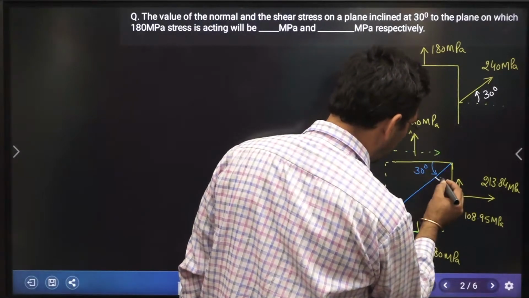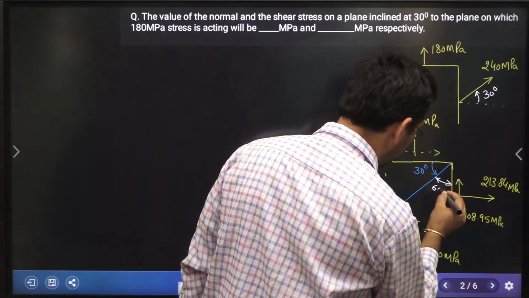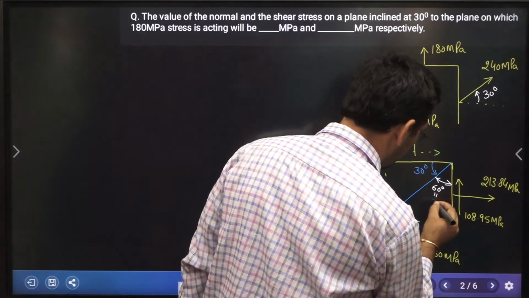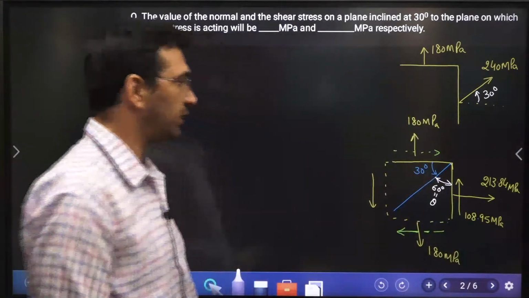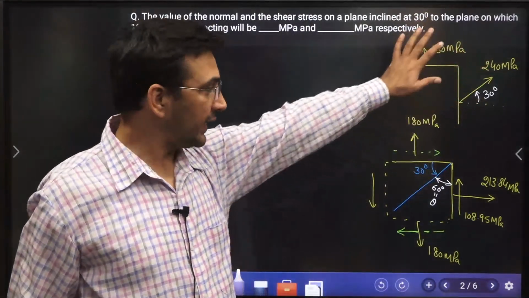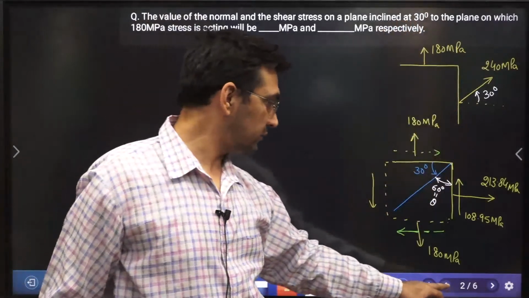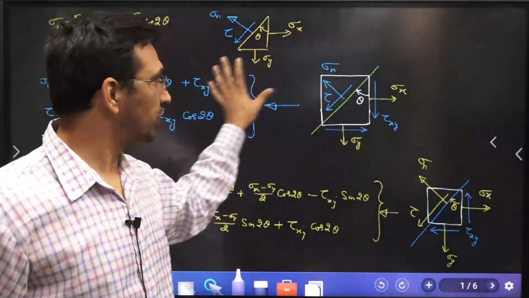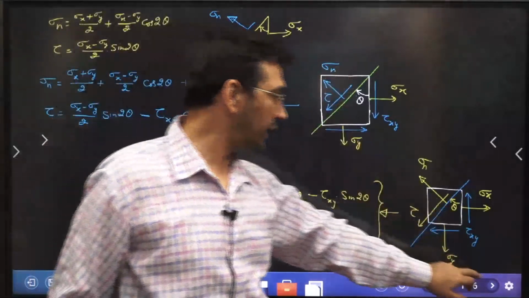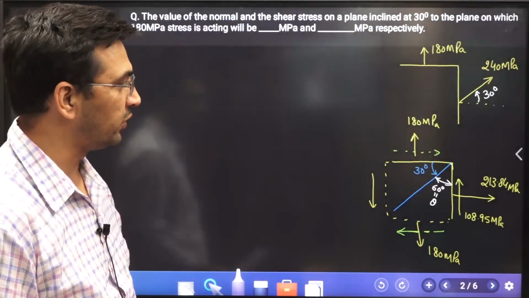So for me now, theta becomes 60 degree. This is theta in my equation. Whatever configuration is given to me, I can convert it in my own way so that I can make use of this equation the way I have derived it. So I brought it into my simplified form. Now it becomes easy for me to apply those equations.